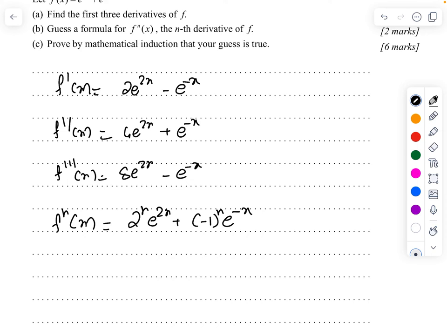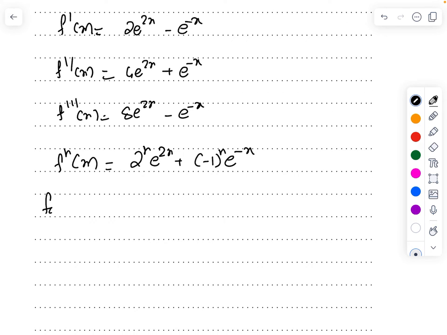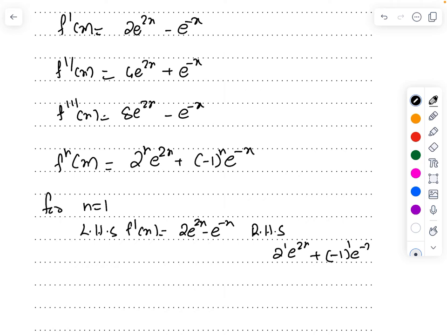Prove by mathematical induction that your guess is correct. So for n equals 1, left hand side f prime x will become 2 e power 2x minus e power minus x. Right hand side will become 2 power 1 e power 2x plus (minus 1) whole power 1 e power minus x, which is 2 e power 2x minus e power minus x.